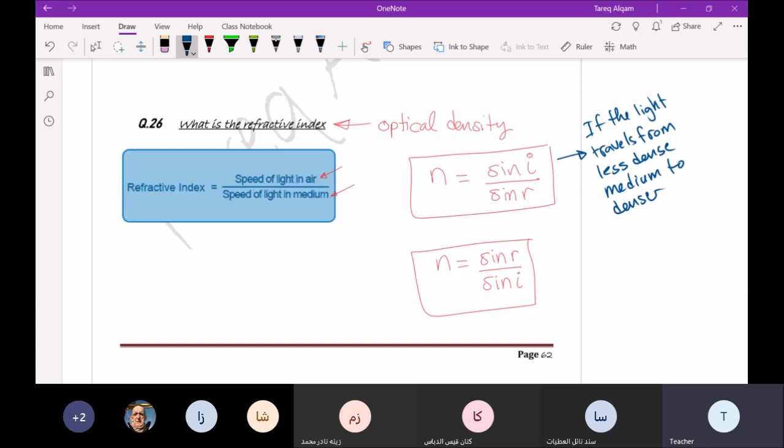Here I can use it if the light travels from a denser medium to a less dense one.